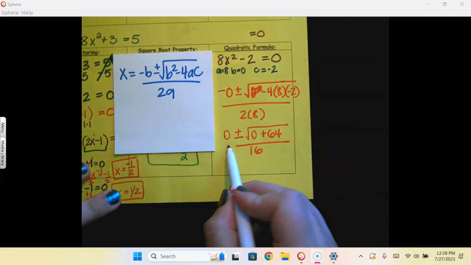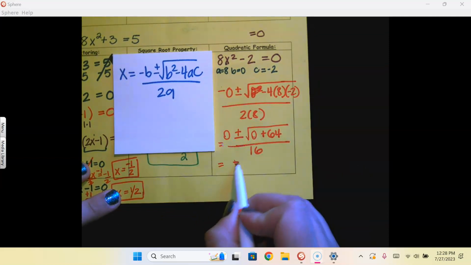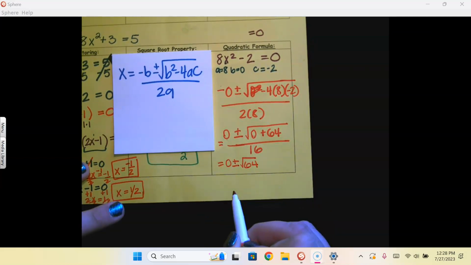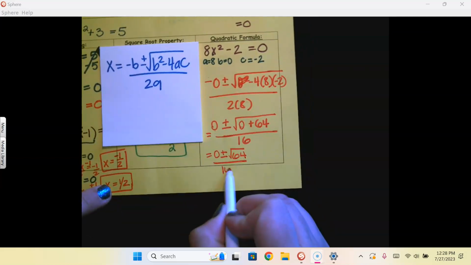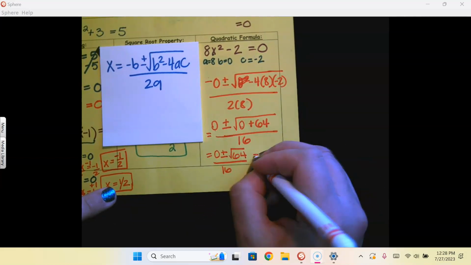Okay, so then here we have 0 plus 64, which is 64. And again, if you want to put the 0 there, that's up to you. And then the square root of 64, what times itself is 64 is 8.